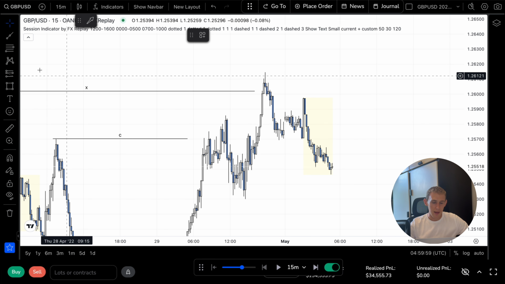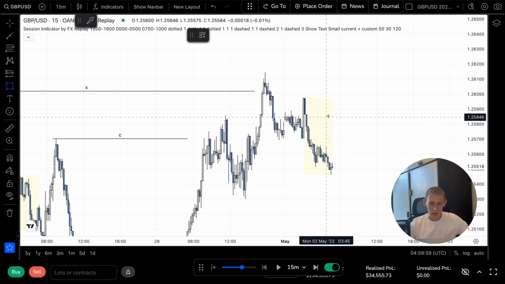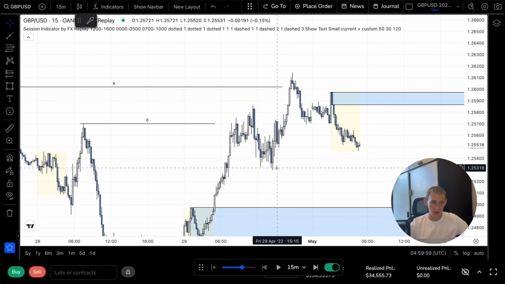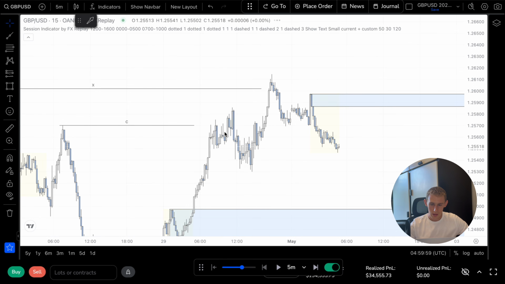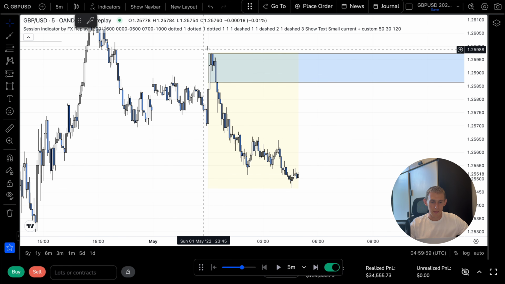Thing is with this, I'm really confident price is probably going to at least take this low. Maybe if it taps into this supply zone, but there is no change of character here on M5, there's no structure that price has broken. So what I would do, maybe look for another confirmation inside this area after Asia session.